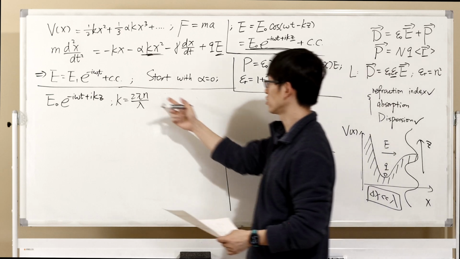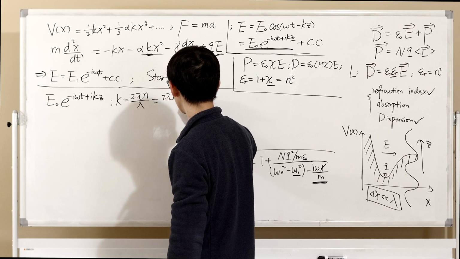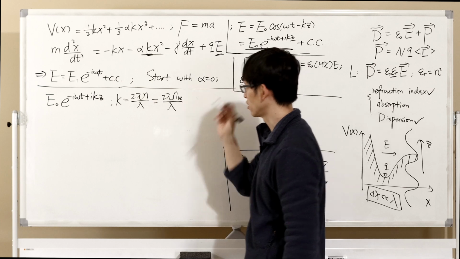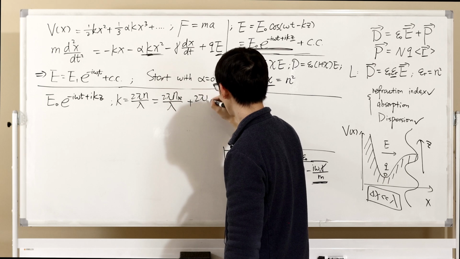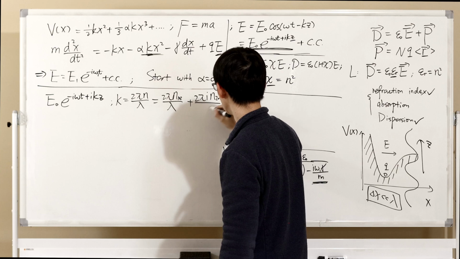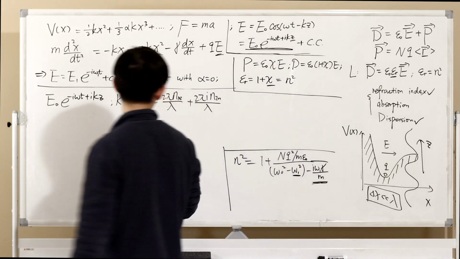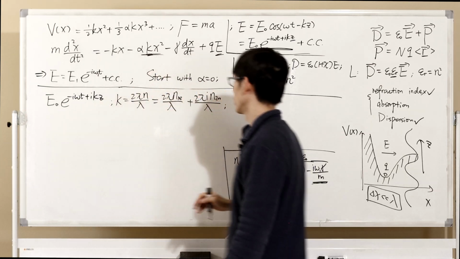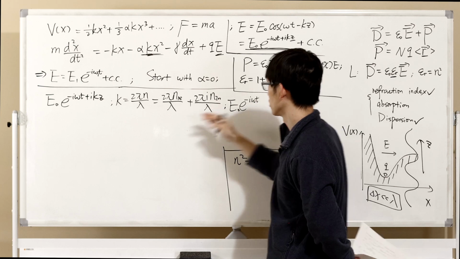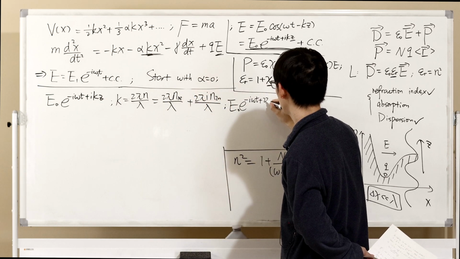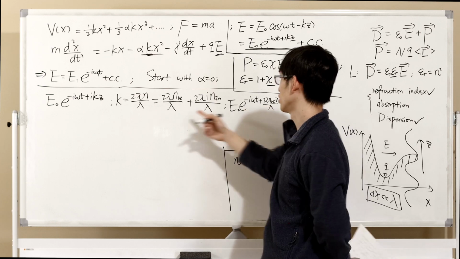Now suppose we have an imaginary term in the refraction index. Then k equals 2 pi n real part divided by lambda, which is the same as what you used to do, plus 2 pi i times the imaginary part divided by lambda. Now you plug this back into your wave propagation term for the electric field. You will have E naught e to the minus i omega t, the same as before, plus 2 pi n real term z divided by lambda, similar as usual.